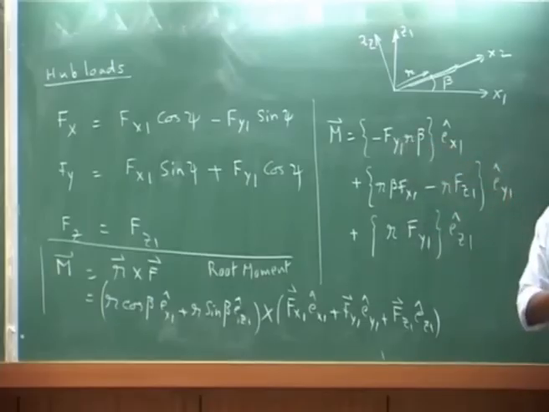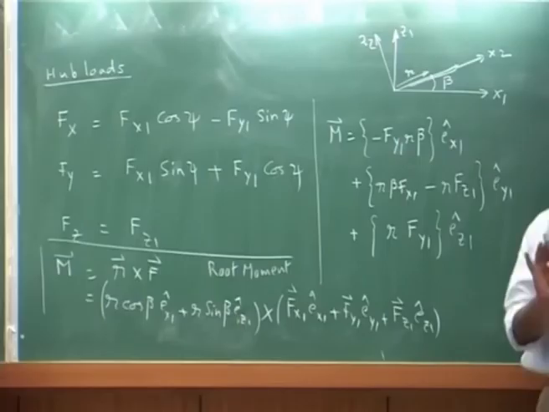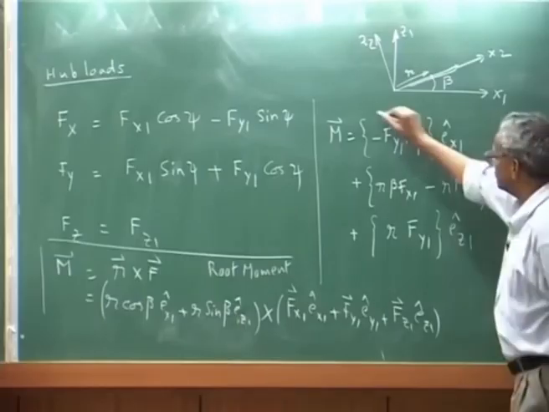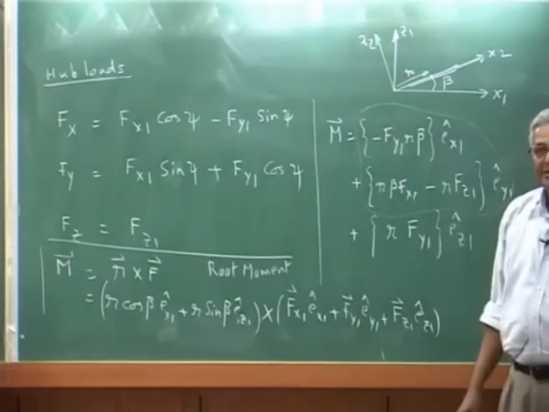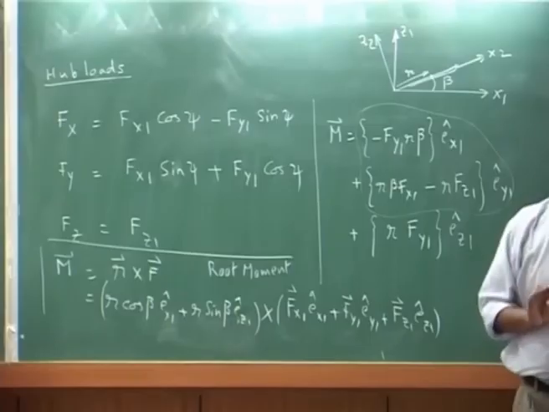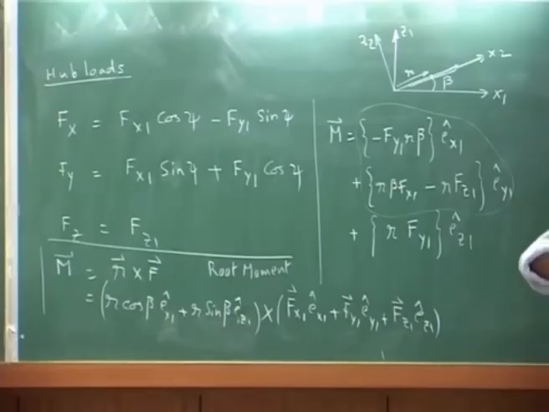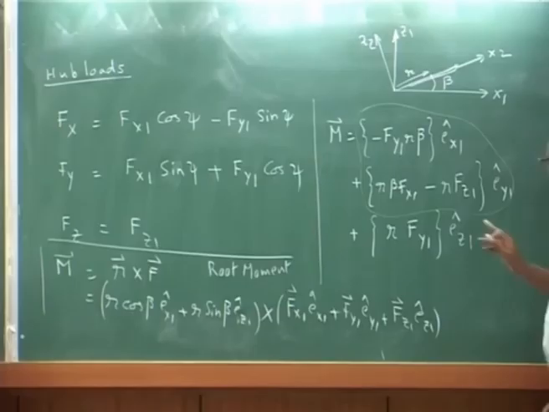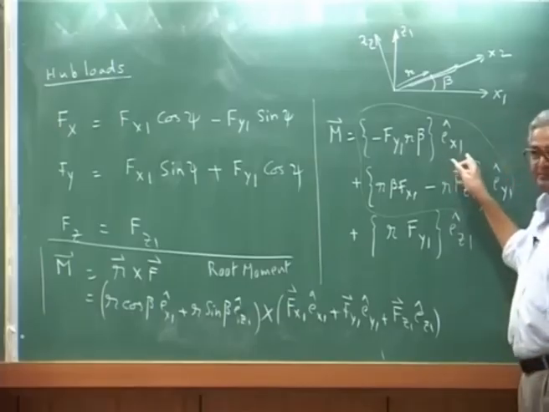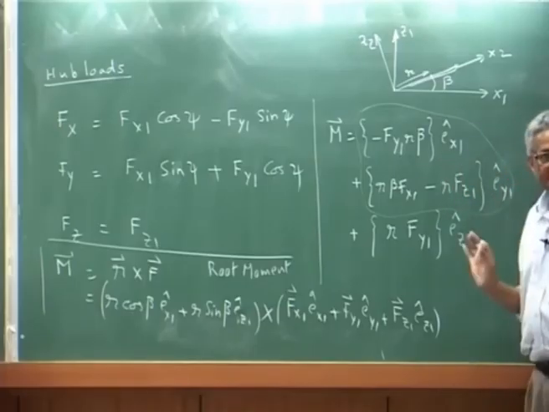For simplicity, because later I will bring out, instead of writing in these two quantities, I will replace them by another term, that we will come to later, because when we model the blade, how we model the blade, that will come, that is only a moment along x y directions.